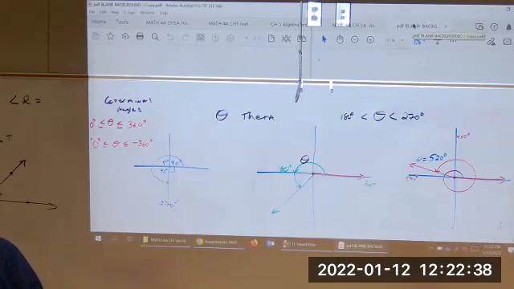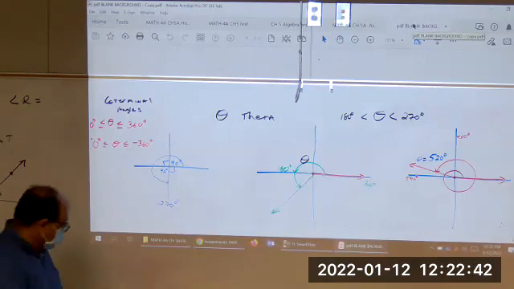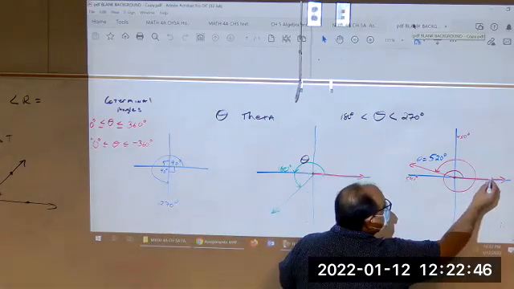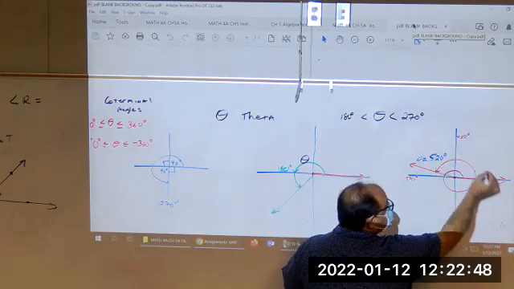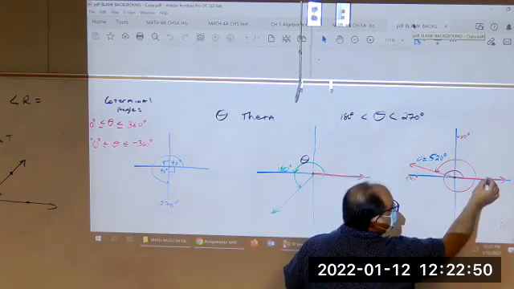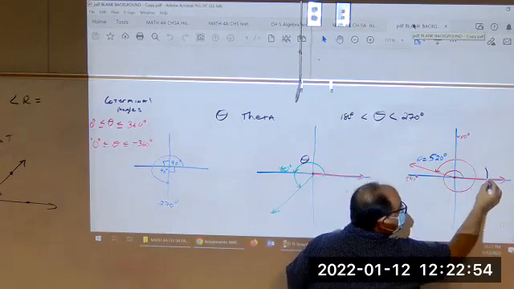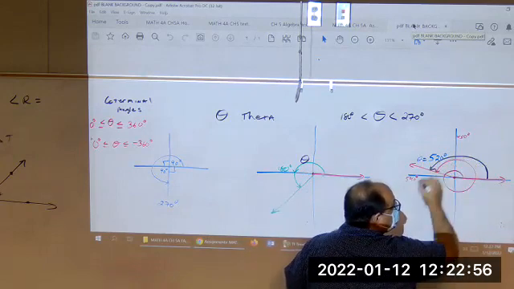So we need to stay between 0 and 360. So from 0 to 360, that's going in the positive direction right here. You can't go all the way back around. You gotta go just to here.